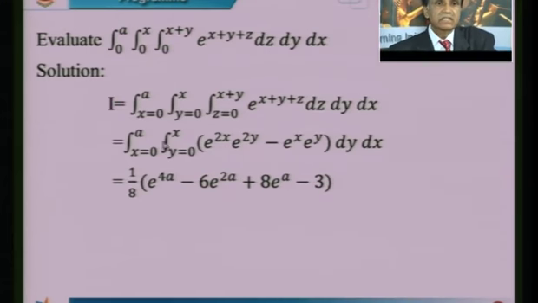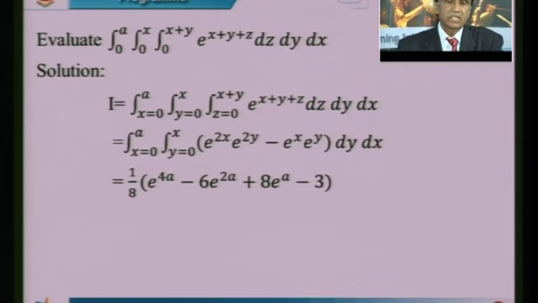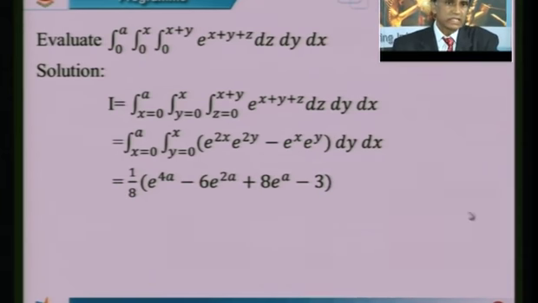Then you will take the integration with respect to z first, then e to the power z you will integrate, and e to the power x and y will remain as constants. Then the procedure goes like this only.